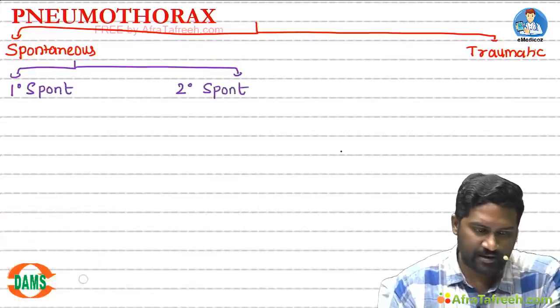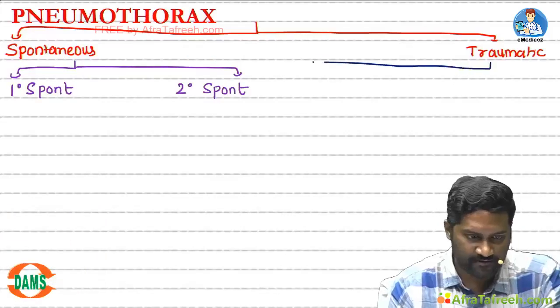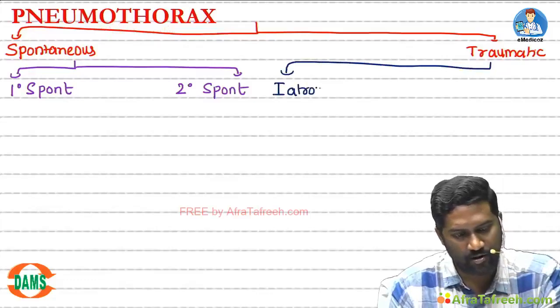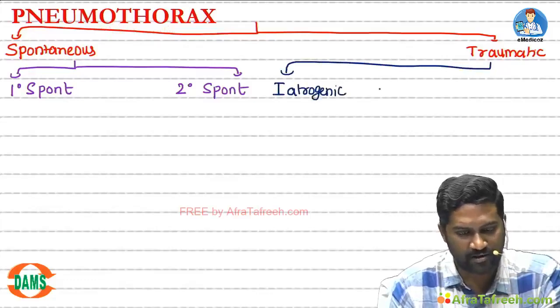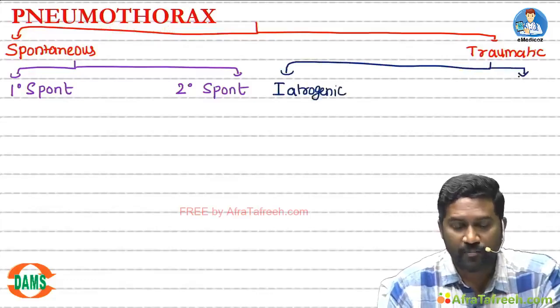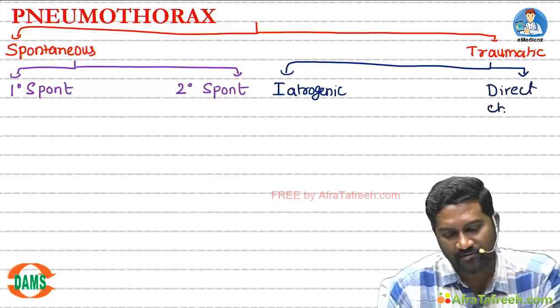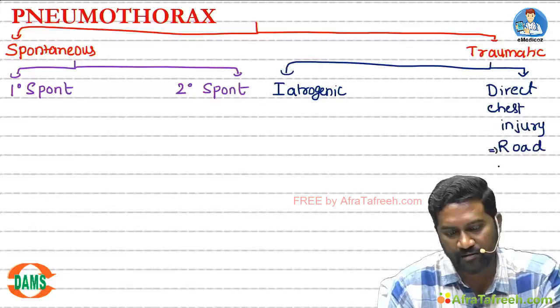In the traumatic pneumothorax, there is trauma happening in the hospitals called as iatrogenic pneumothorax. Trauma happening outside, direct chest injuries. When will this happen? Generally during road accidents. This is usually dealt by surgeons.